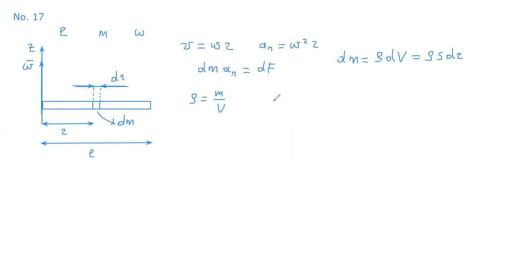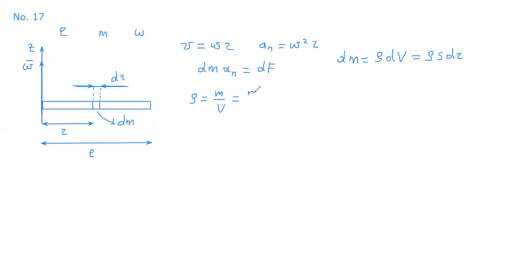Because G is the acceleration of free fall. So rho is density, and density is equal to mass divided by volume.